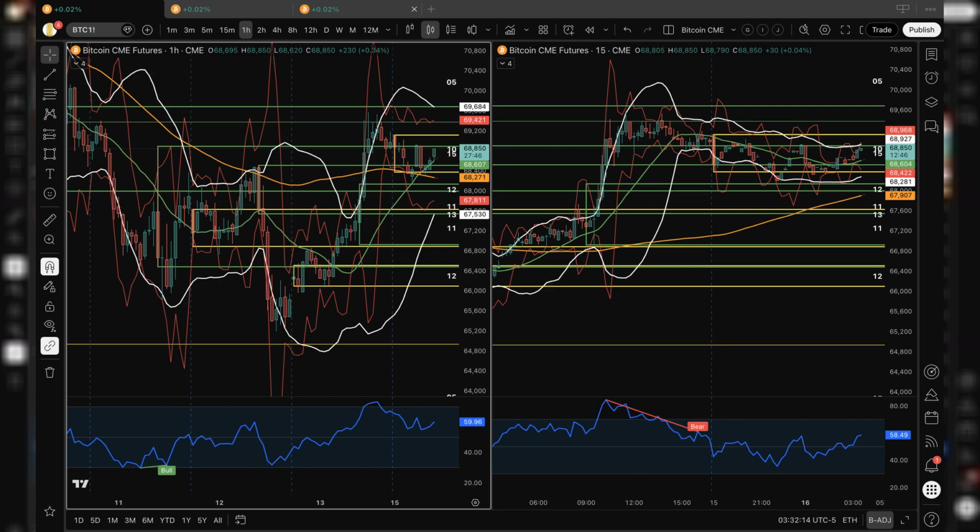Mean interaction strengthens compression. Compression reshapes duration. Duration precedes transition. Until persistence extends beyond the hourly containment, with sustained engagement, the structure remains in negotiation between elevated memory and rising internal support, processing volatility inside narrowing bands and converging averages.